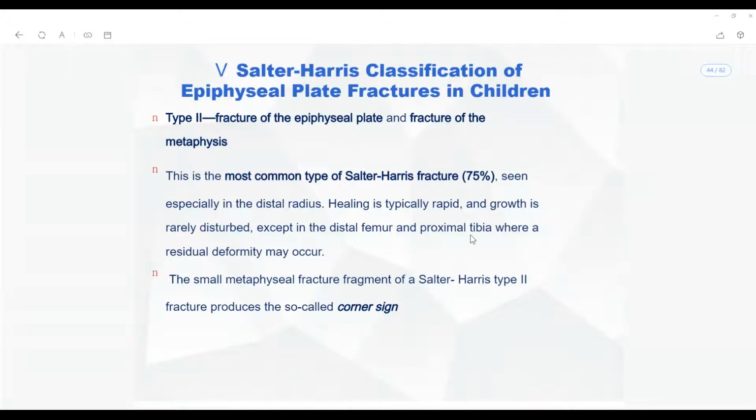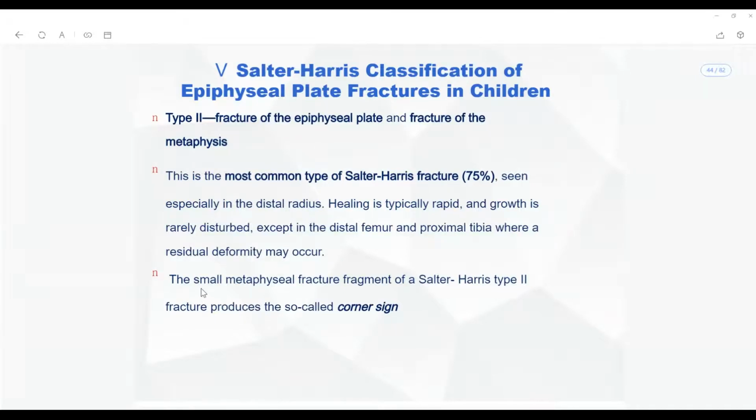If it is presented on the distal side of the femur, and the articular surface is with the proximal part of the tibia, you have to look at the epiphysis of both bones. Generally this will cause a residual deformity. Residual deformity will be present in type 2.